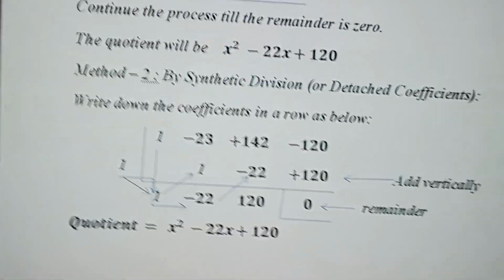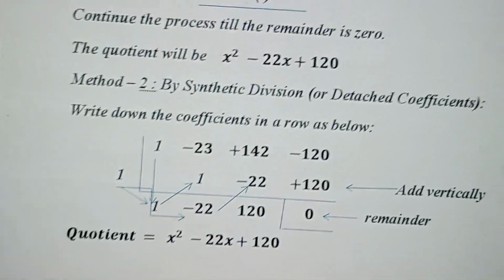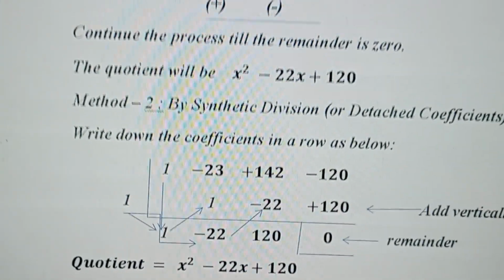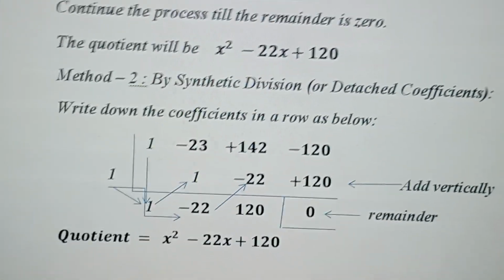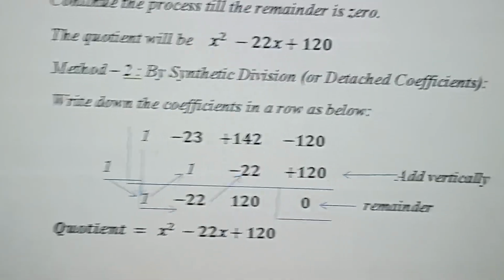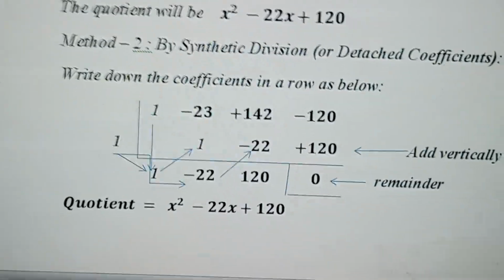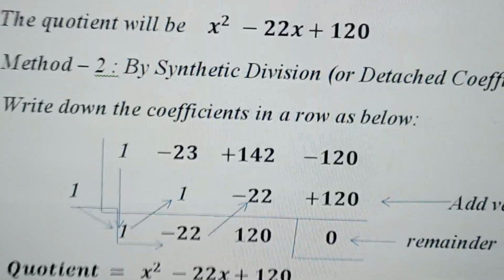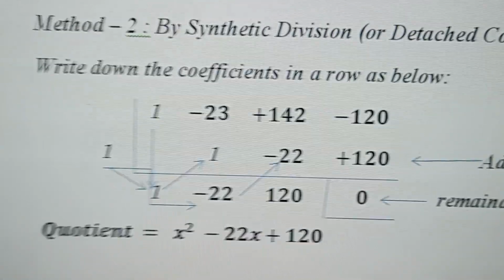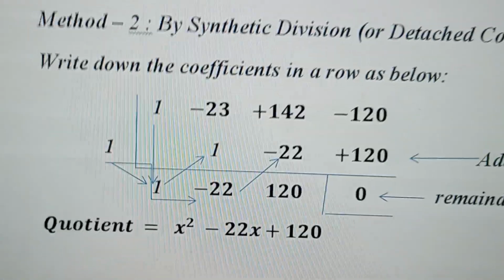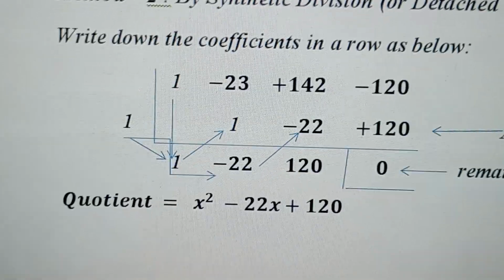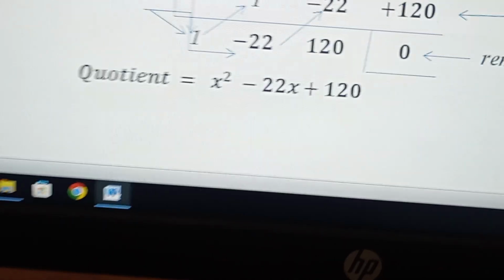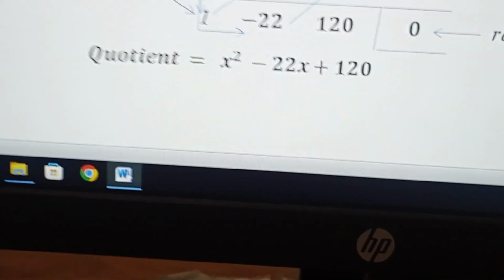We write only the coefficients of the x cubed, x squared, x term, along with the signs, of course. 1 minus 23 plus 142. Be careful to put the sign before the number, so as not to get confused there. There you are. So you have to divide this by, because we are dividing by x minus 1, 1.